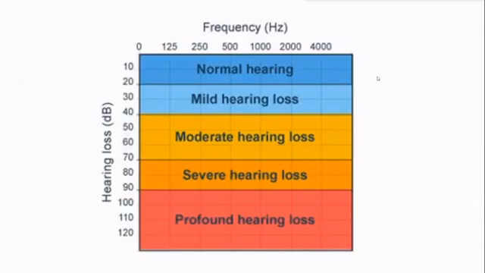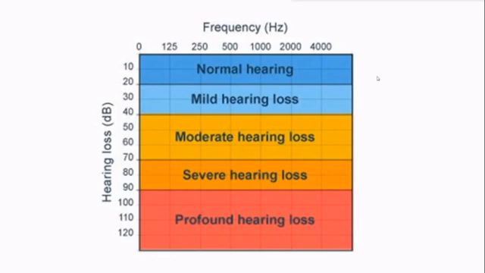When you talk about hearing loss, you have to grade its severity. You will see this on a pure tone audiogram in clinic, or in textbooks. These are the universally accepted degrees of hearing loss. If the hearing loss is 20 to 40, we call it mild.